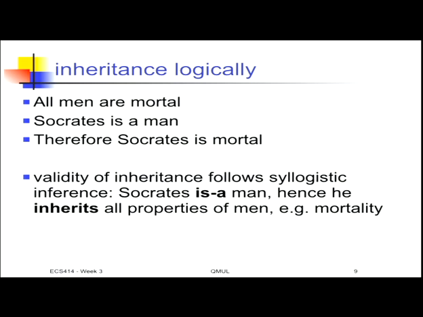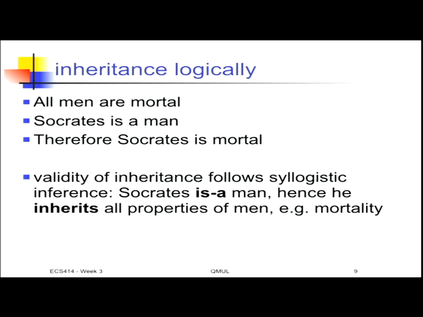Well, the validity of inheritance, so why it is okay to say that Socrates is mortal from those two premises, is because Socrates is a man. Hence, he inherits all properties of being a man, in particular, mortality. Yeah?